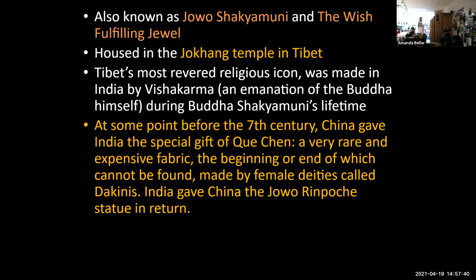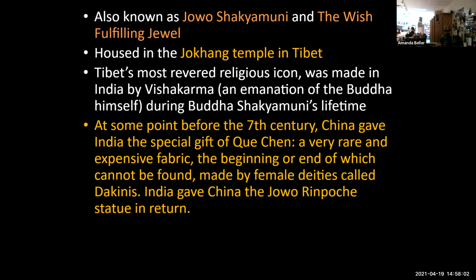Okay, here's some context. Let's go back in time. Before the 7th century, China gives India a present, and the present is a magical piece of fabric that has no end. I don't know what that means, unless it's like a giant infinity scarf.